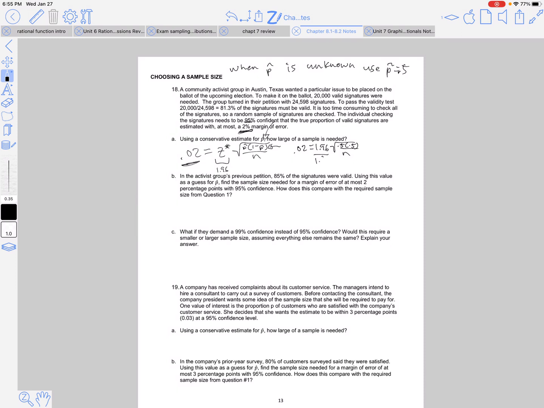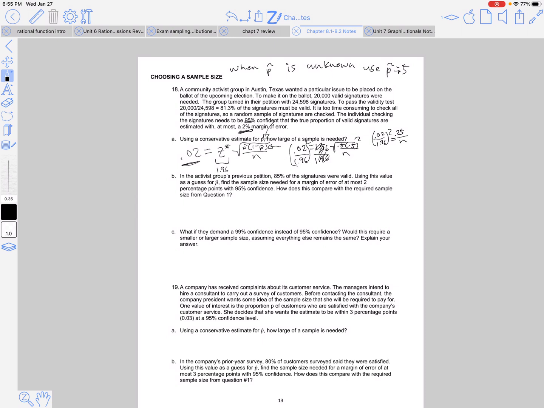So we're going to divide by 1.96. We'll get a value there. I'm going to just leave it there. Then we're going to square both sides, so that'll get rid of our square root. So we have 0.02 over 1.96, squared, equal to 0.5 times 0.5, which is 0.25, over n.